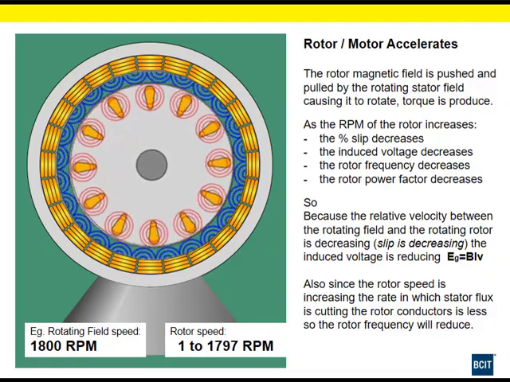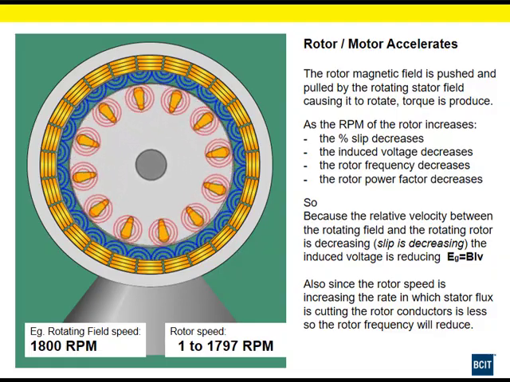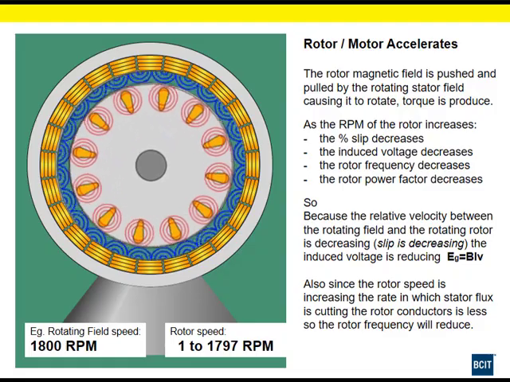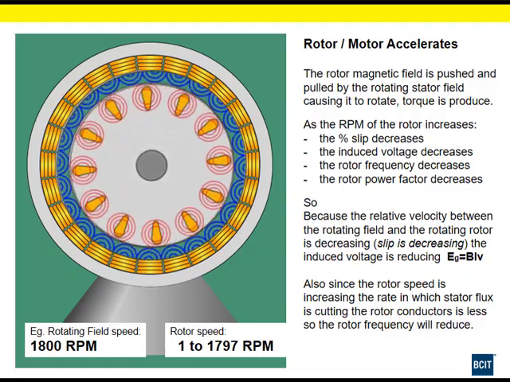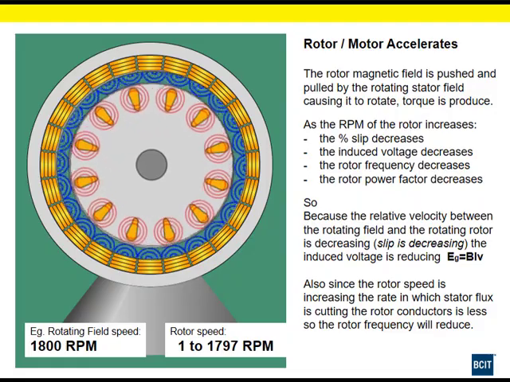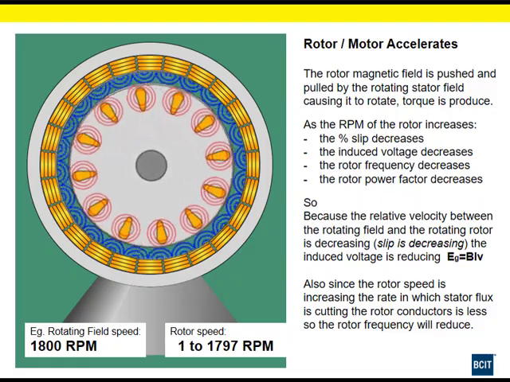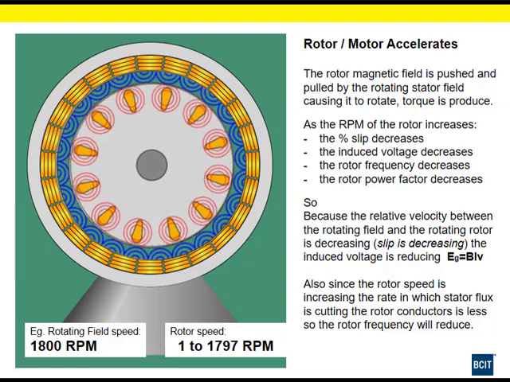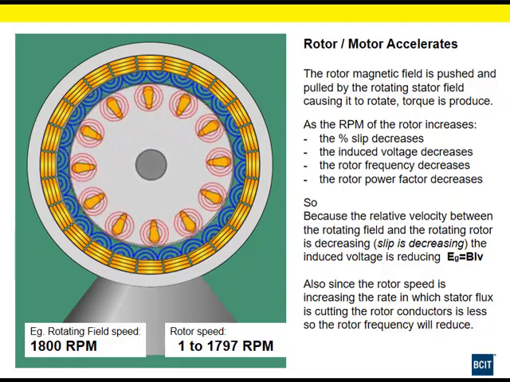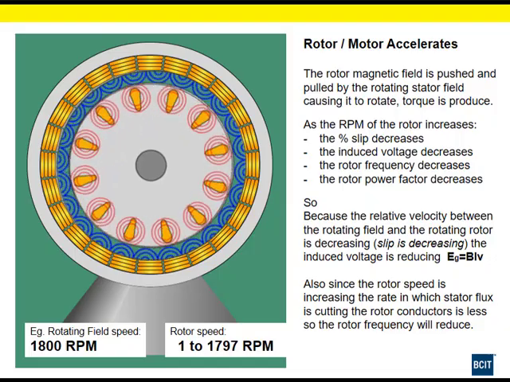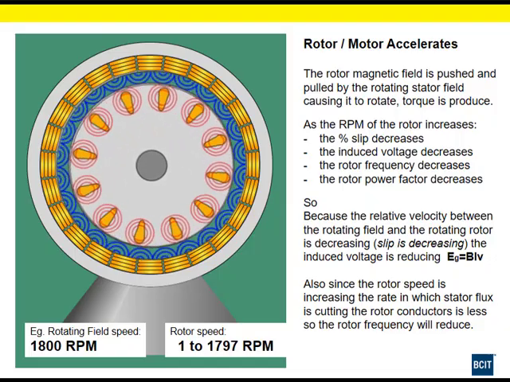Because the relative velocity between the rotating field and the rotating rotor is decreasing, slip is decreasing. The induced voltage is reducing. Again, that E generated is BLV, and the V is decreasing. So our induced voltage in our rotor is going to decrease.